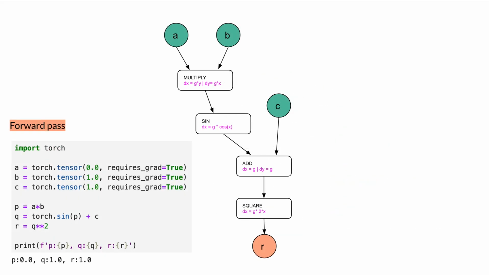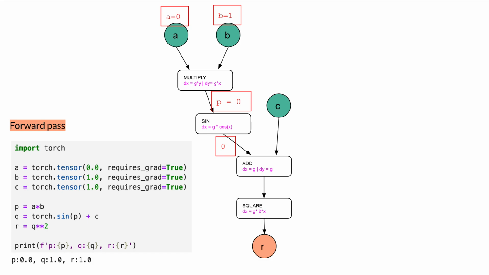So on the forward pass, again, we would declare our inputs a, b and c using torch tensors, and here we're going to set them to 0, 1, and so that would give us the multiplication now of 0 times 1 is 0. We then pass that through our sine function. Sine of 0 is 0.